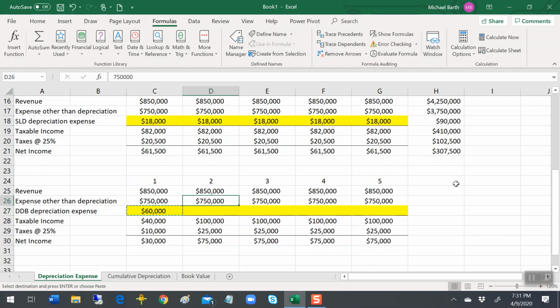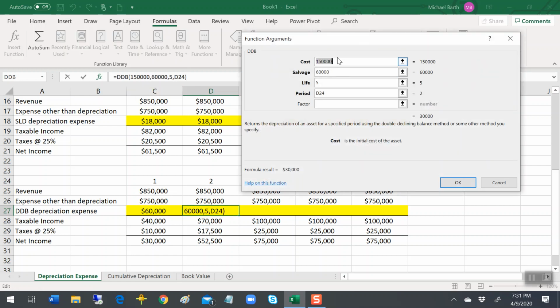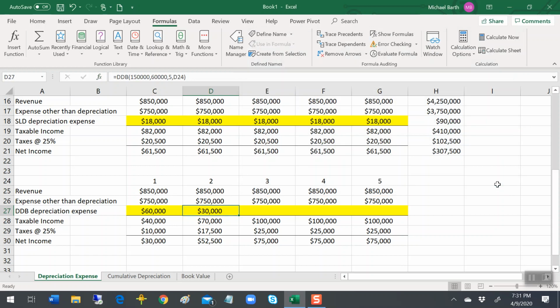In the next year, you would take $30,000, okay? So again, the function here is cost, salvage, life, and now it's looking at year 2 and it's doing the calculation for us. Notice in year 3 it doesn't take any depreciation. That's because we depreciated all the money that we were going to take.